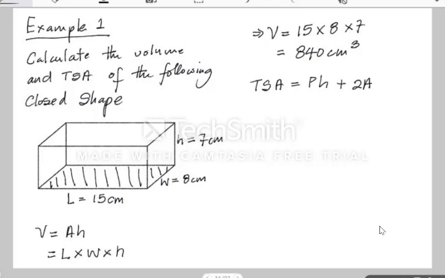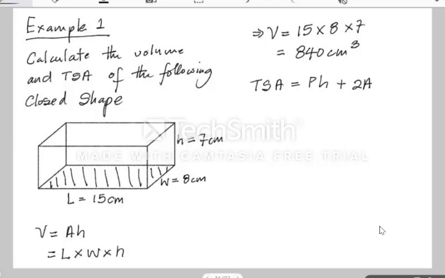What that simply means is that this shape has all its sides, which would be different from, let's say, a container. The container would probably have an opening, maybe like a fish tank. A fish tank would have, let's say, 4 sides and a bottom, but it would not have a top.